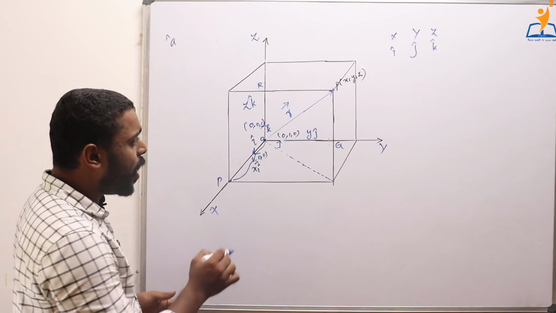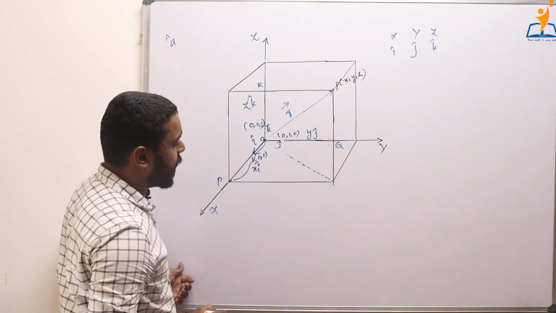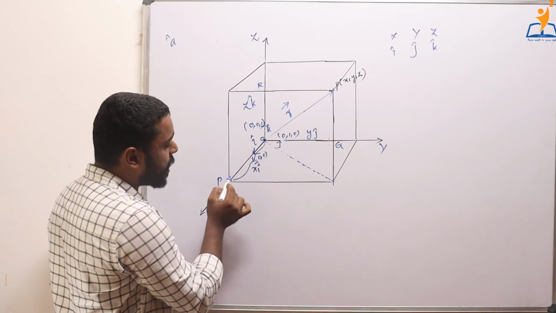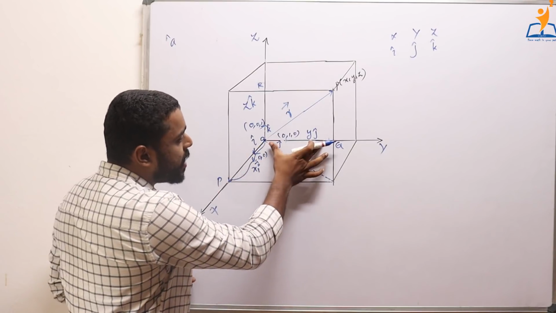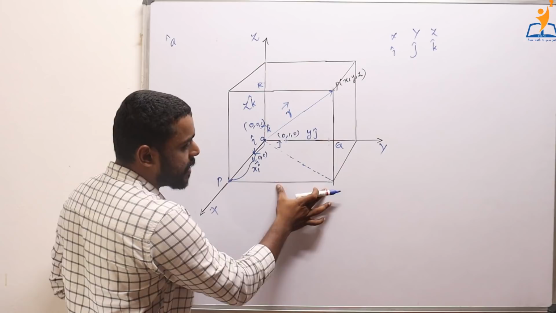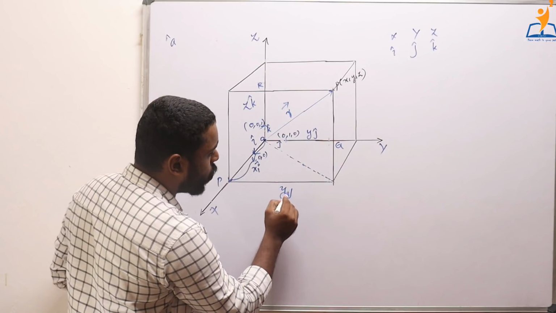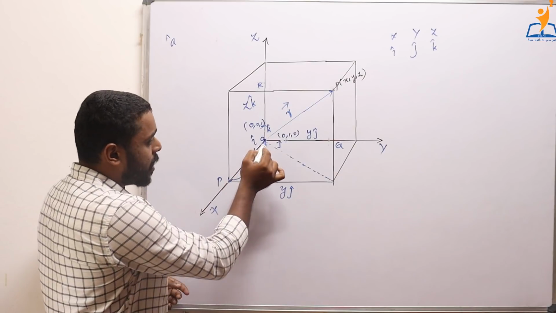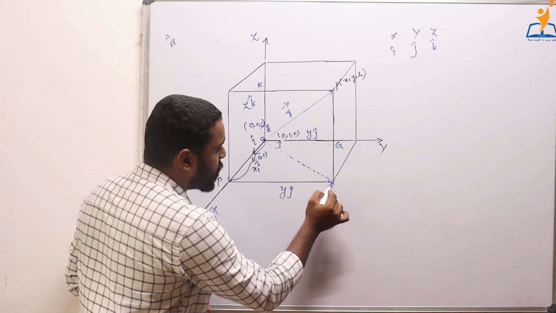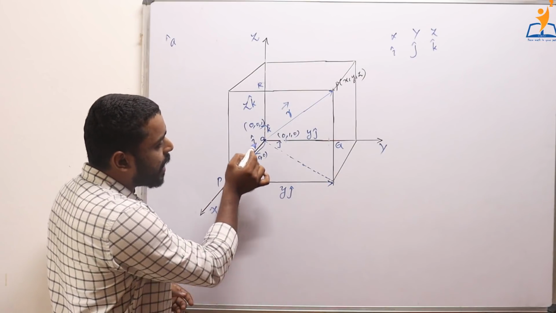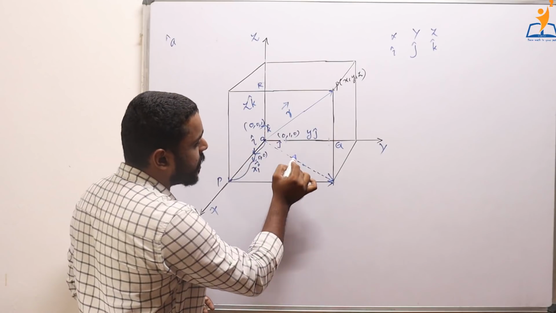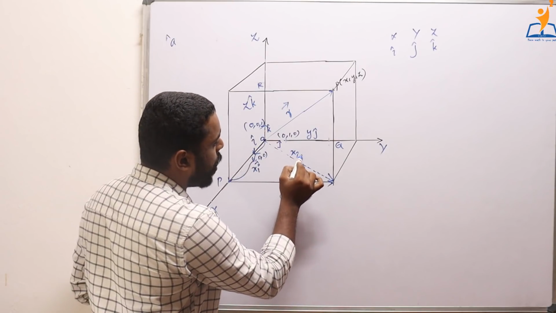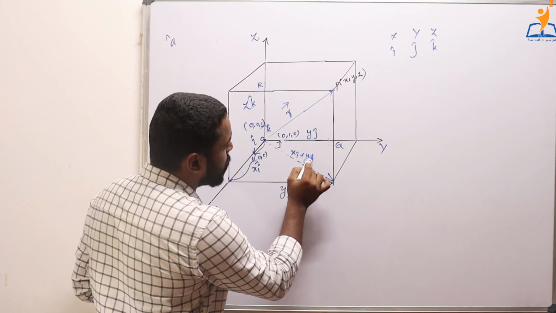Clear? Now see, this is y j cap, right? And this is x i cap. Now this distance is the same as this distance, that is, this is also y j cap, since they are parallel. Now we have, this is x i cap, this is y j cap. Then by the triangular law of vector addition, this is nothing but x i cap plus y j cap.